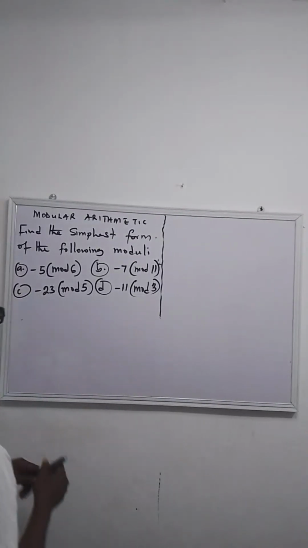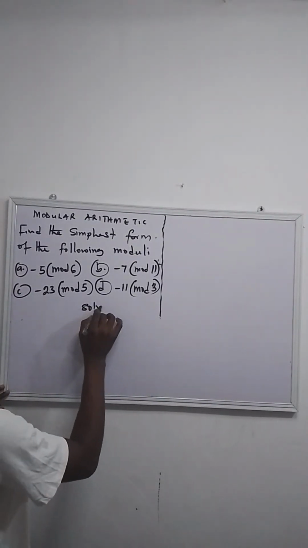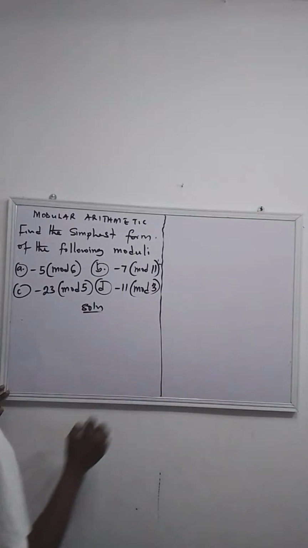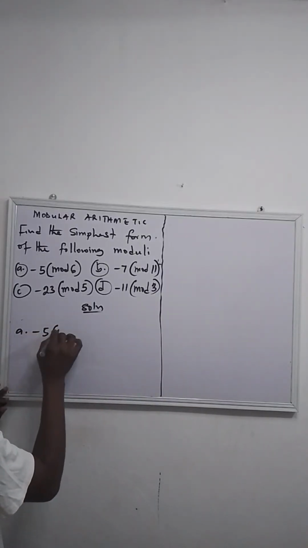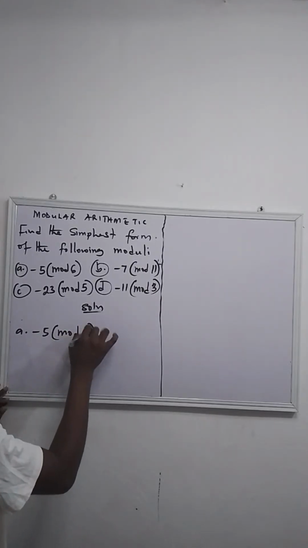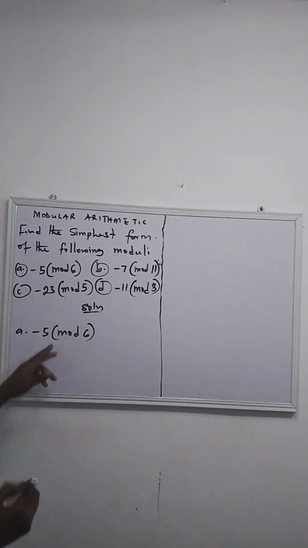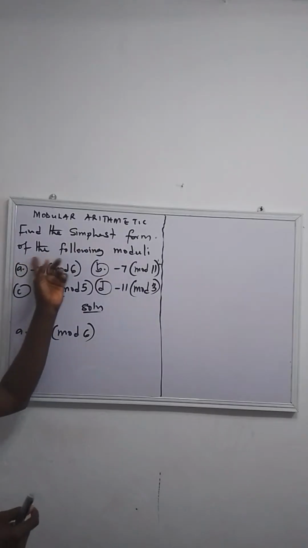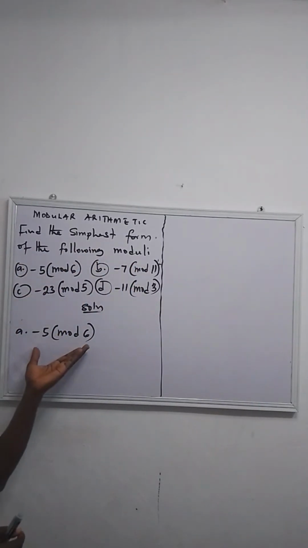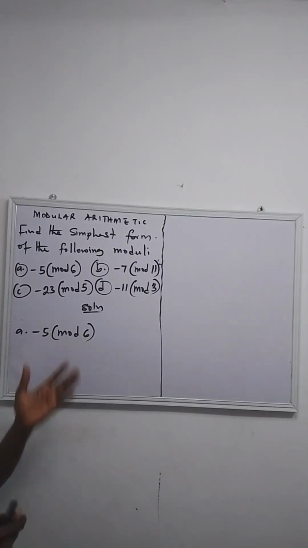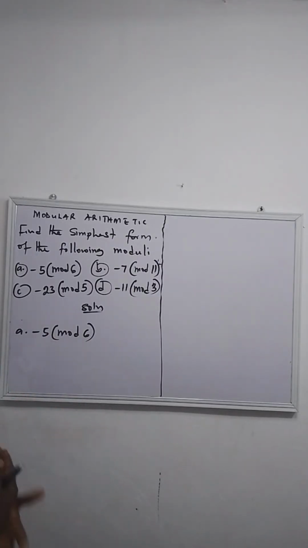All right, so yes, we have -5 mod 6. Now, what are we doing to this question? The question says, find the simplest form of the following moduli. So we want to find the simplest form of this. Our answer should be a positive number. So when you have a number, just disregard the negative.